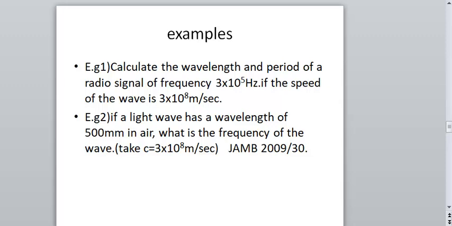This one is JAMB questions. If you look at it, it's a past question. Here we are to find the frequency. We're given the wavelength and we're given the wave speed.